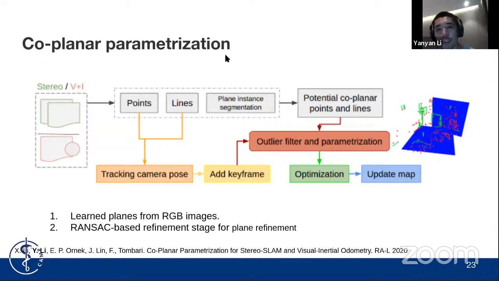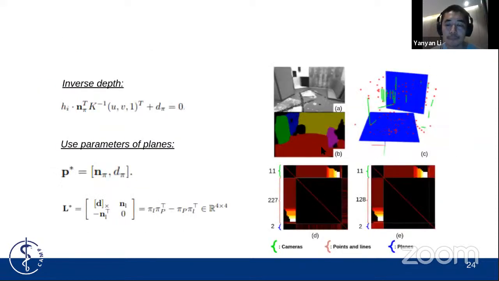So my idea is finding some coplanar regions and trying to use planar parameters to represent those coplanar landmarks. This is the overview of this paper, and these are the details of this coplanar parametrization.